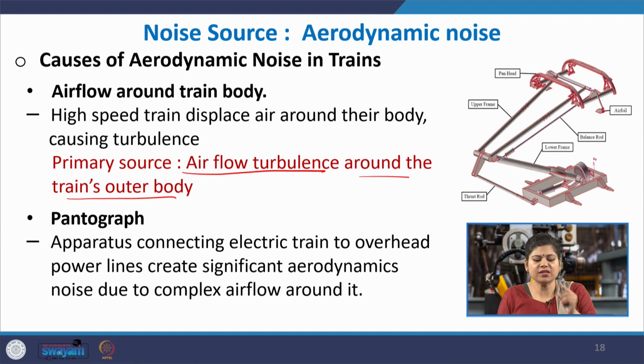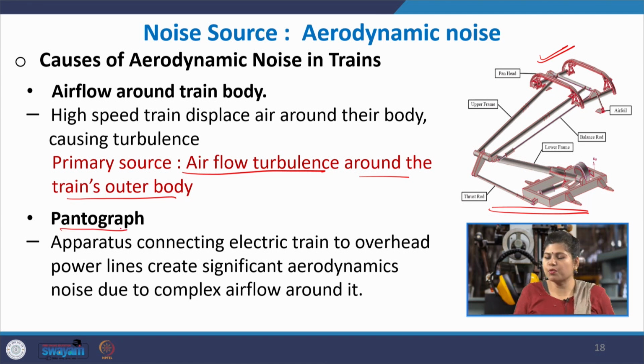Not just the train's outer body, even the pantograph, which is the component at the top of each coach and the engine, is exposed to the air. This component derives electricity from the electrical lines, and when air flows in a very haphazard way through this pantograph, a lot of turbulence is created, which also creates a lot of aerodynamic noise.